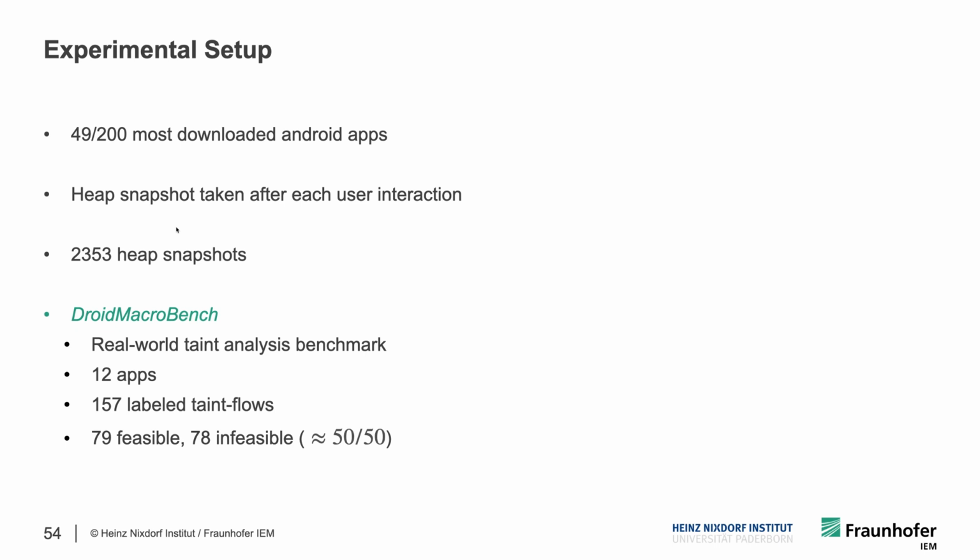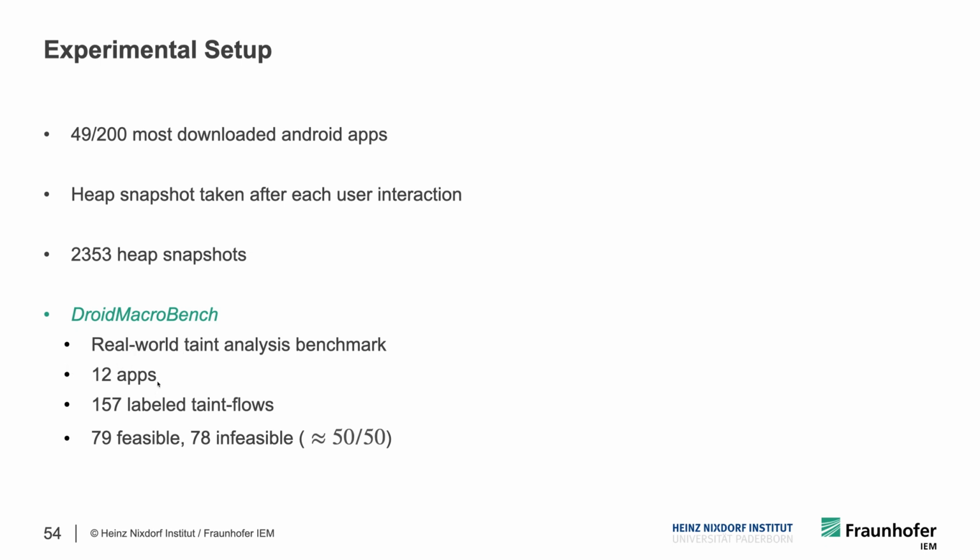Then we took these heap snapshots, of course, and there were 2,300 of them altogether. And we looked at these apps, but then we also came up with a real-world taint analysis benchmark. That's also part of the paper that we published, where we labeled basically some ground truths.